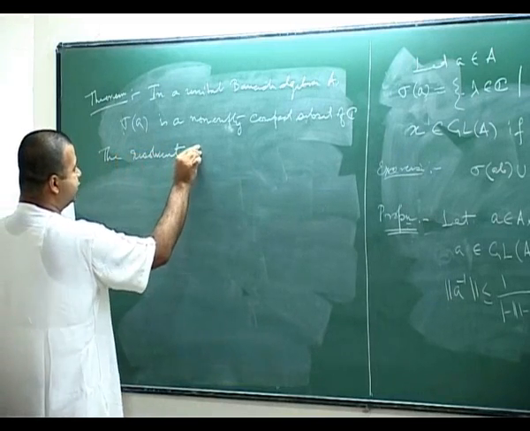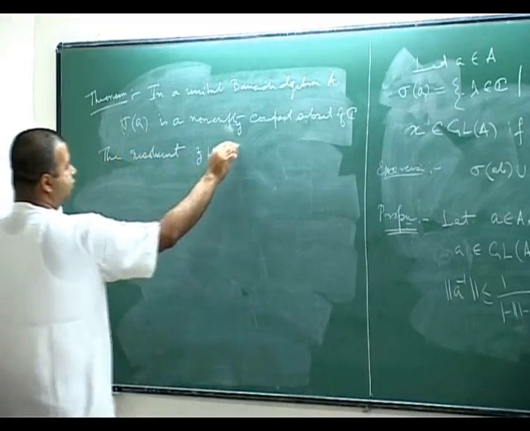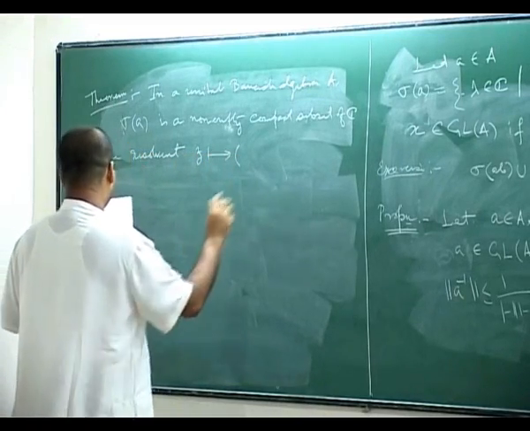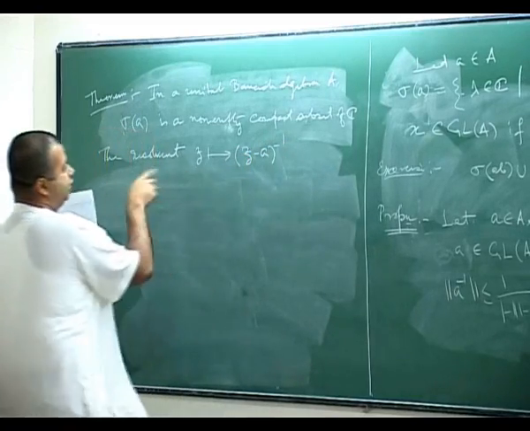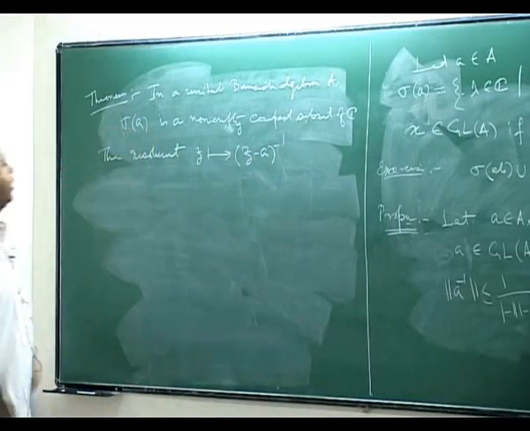And so this is a definition. The resolvent is this map z going to z minus A inverse. This map is defined on sigma A complement.